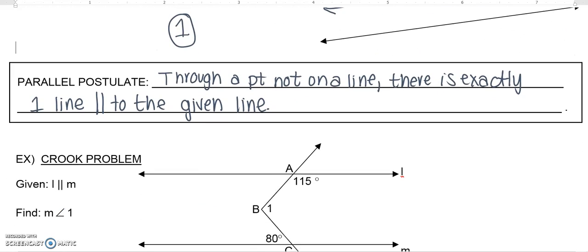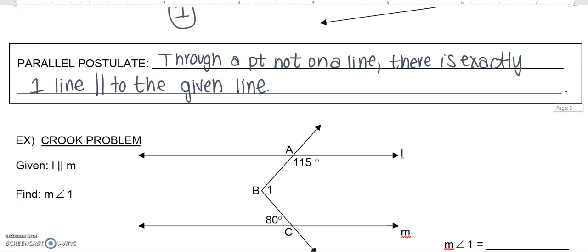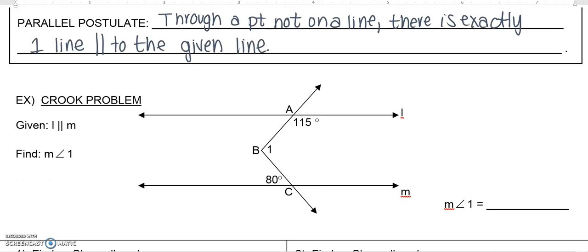Okay, so looking at our first example, we are given that line L is parallel to line M. And in this situation, we have a crook. Do you see how it's more of a bend, a bent line, that is not really so helpful when we're identifying angle pair relationships.